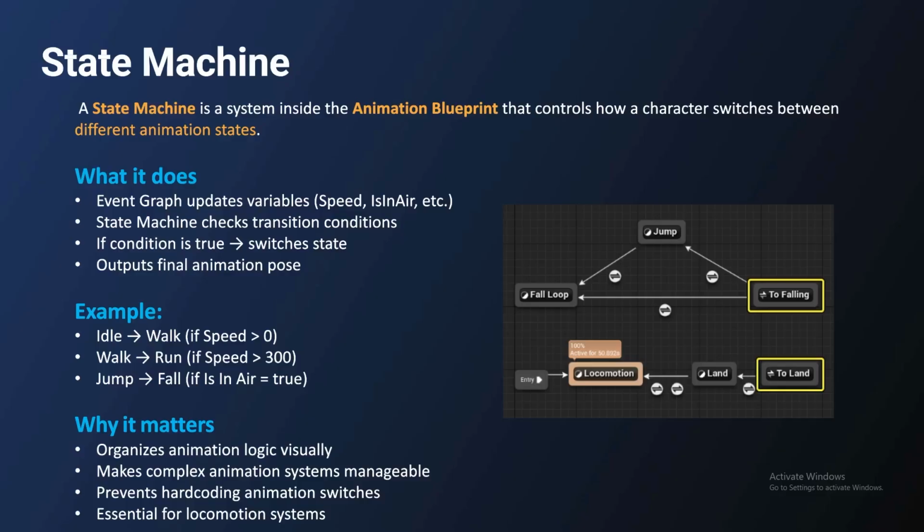For example, your default state is idle, and if speed is greater than 0, you can walk. Same goes for run, same goes for jump. Why it matters: it handles all the animation logic and makes it manageable for us to have an essential locomotion system, so that by the end you'll be able to transition from one state to another, whether you're walking or running. So yeah, that is what a state machine is.